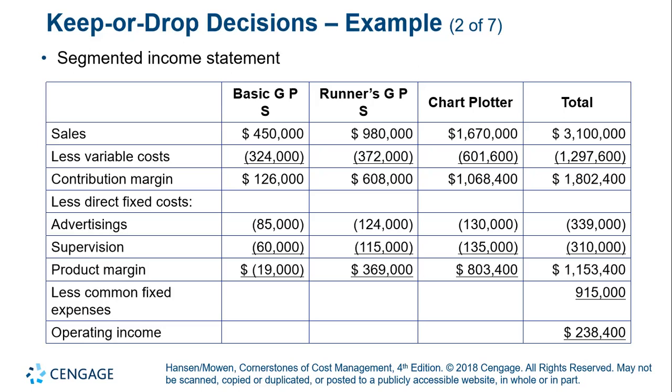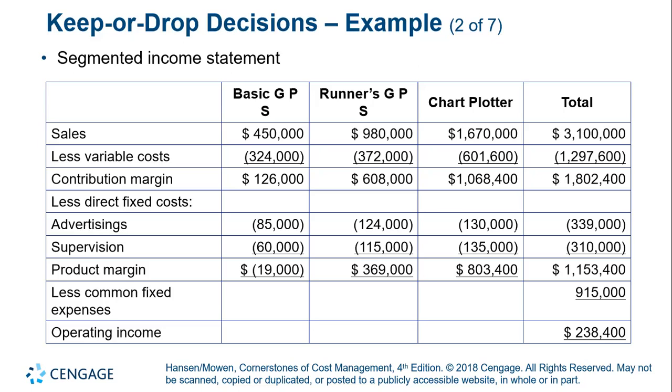Individually, you have your advertising: 85,000 for the basic GPS, for the runner that's equal to 124,000, and chart plotter of 130,000.